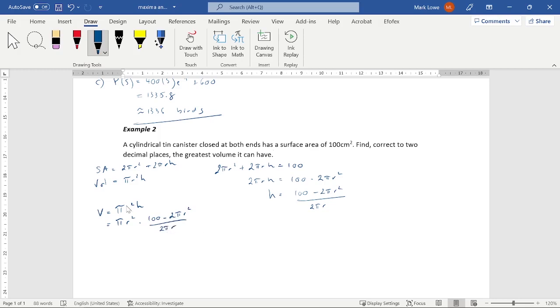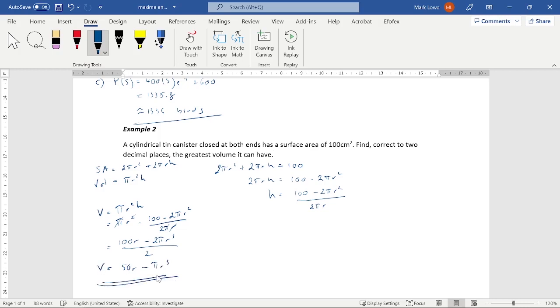And we can see that we can cancel our pi and one of our r's there. And so we're going to be left with 100 r minus 2 pi r cubed over 2, which will be a little bit easier if we make that 50 r minus pi r cubed.